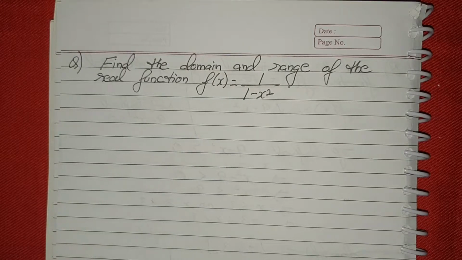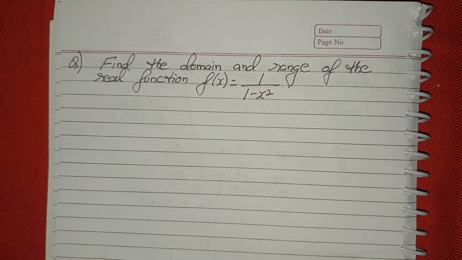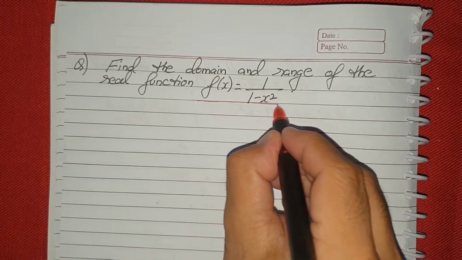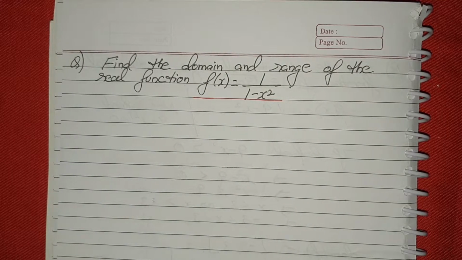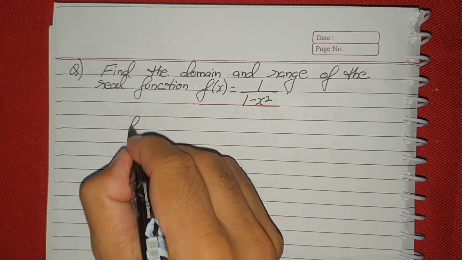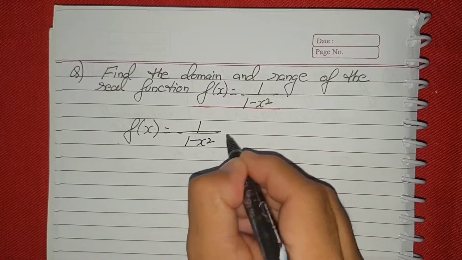Our next example: find the domain and the range of the real function f(x) equals 1 upon 1 minus x square.